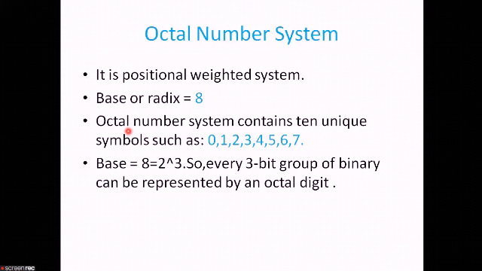The base is 8, that is 2 to the power 3. So, every 3-bit group of binary can be represented by an octal digit. Another important thing is that an octal number is thus 1/3 the length of the corresponding binary number.